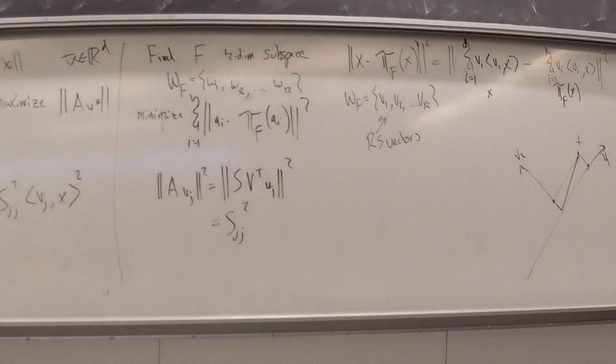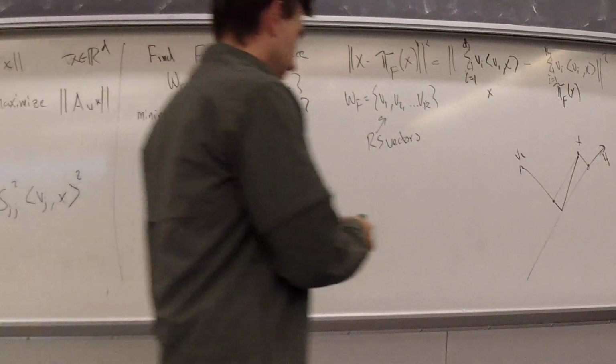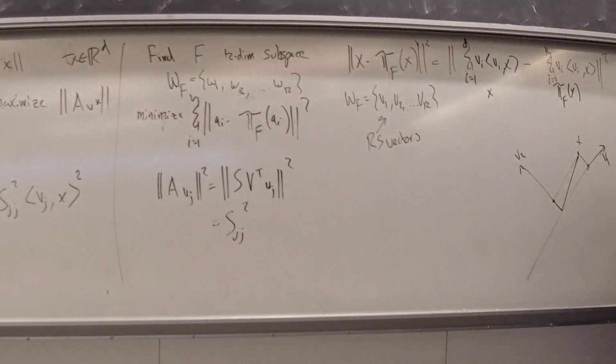So if you remember the norm of x, if I use the original basis of x, I can say the squared norm of x was the sum of this squared quantity plus the sum of this squared quantity. But if I change the basis, the norm is the same. It's still this squared quantity and this squared quantity.